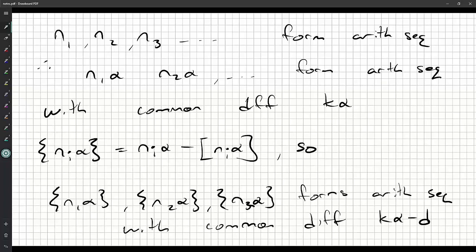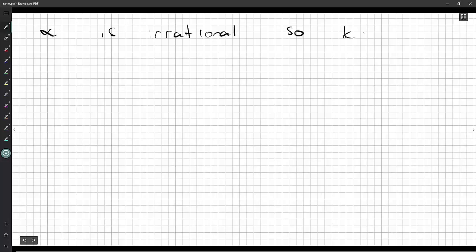Okay, but then either k alpha minus d is positive or negative. It can't be 0. Alpha is irrational, so k alpha minus d is not 0.